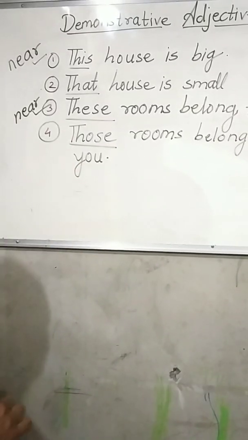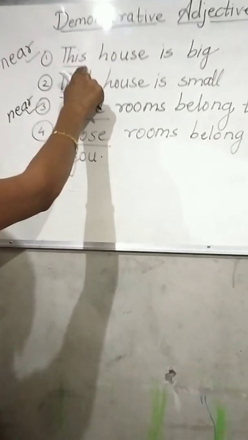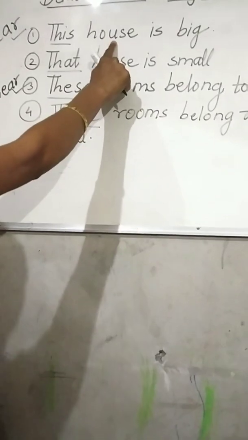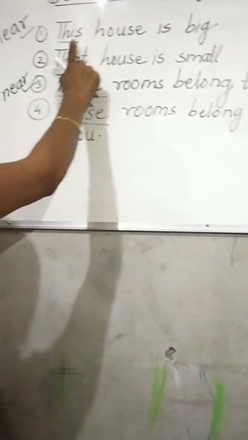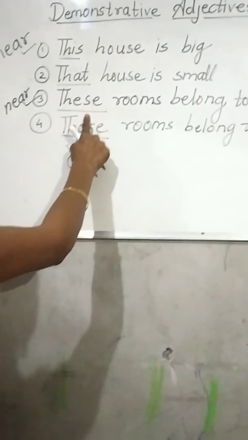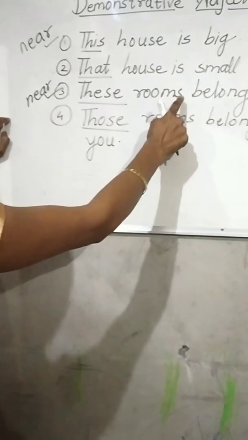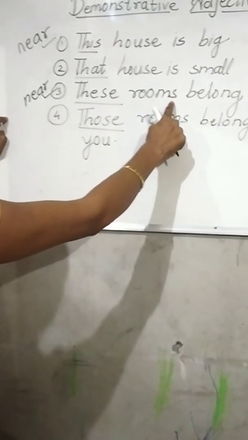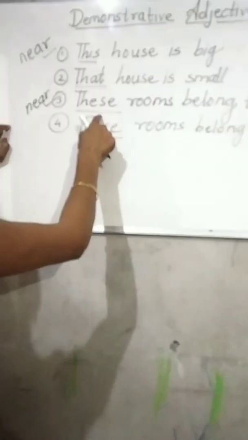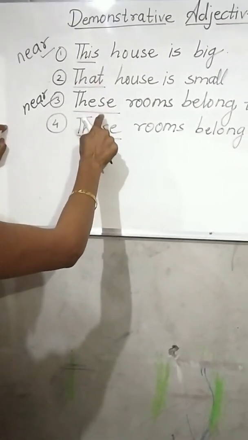The only difference is that this you use for the singular noun. House is the singular noun, only one house. So this you have to use before the singular noun, and these you have to use before the plural noun. Rooms is the plural noun, many. So before the plural noun you have to use the demonstrative adjective these.